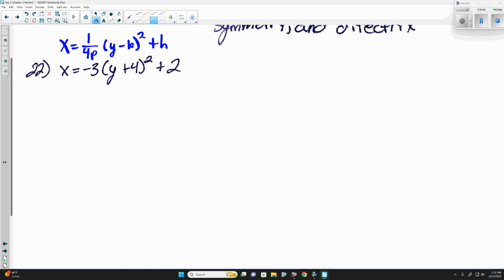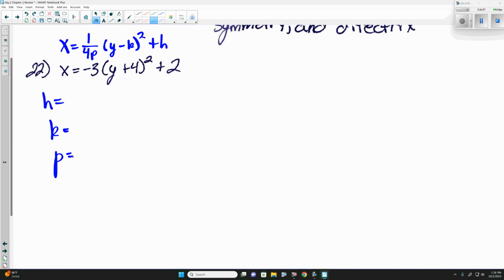And I line this up so that we have the general form, so we can connect and see where h, k, and p line up. I do this so that we can keep the values straight, because in the two forms, in one of them h is on the inside, k is on the outside, and in this one, k is on the inside and h is on the outside.